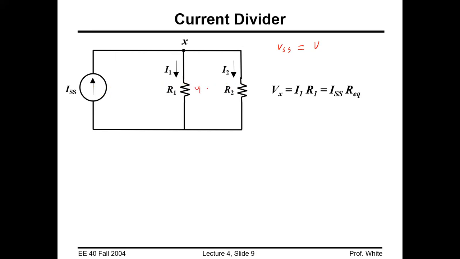Suppose this is V1 and this is V2, so V1 is equal to V2.